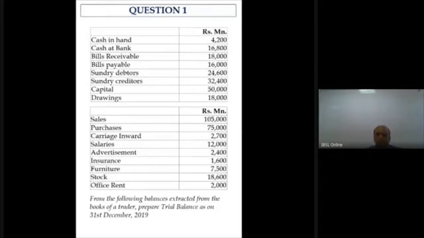What you need to do first is, in the question paper itself, mark these items that you are seeing here: cash in hand, cash at bank, bills, and so on. By reading the name of these accounts, on the left side or maybe on the right side, you can mark these as the 5 items.